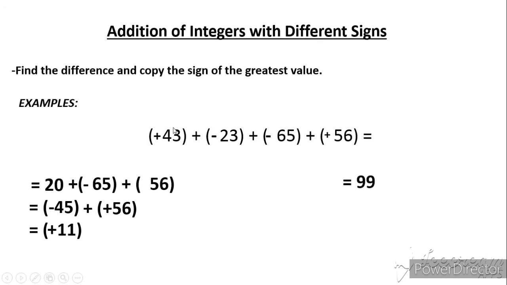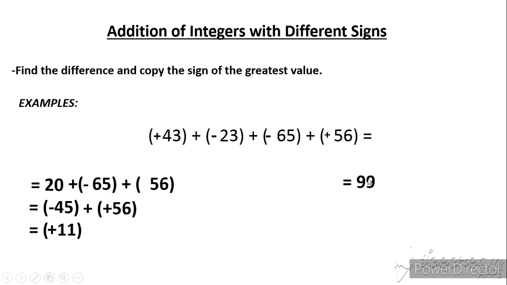So you have to combine the like signs. So positive 43 and positive 56, and that is positive 99.